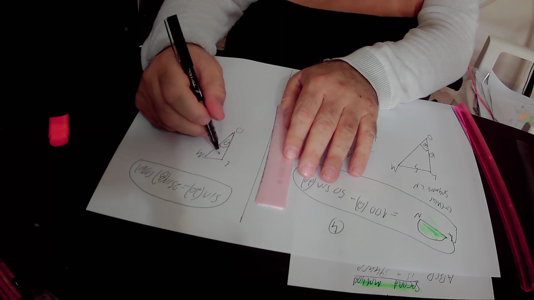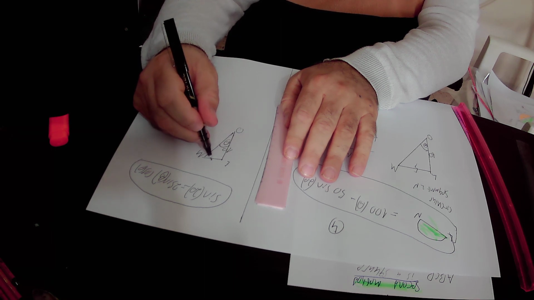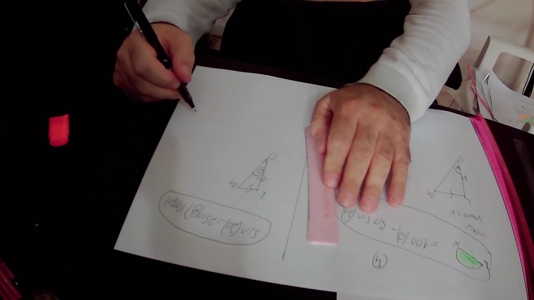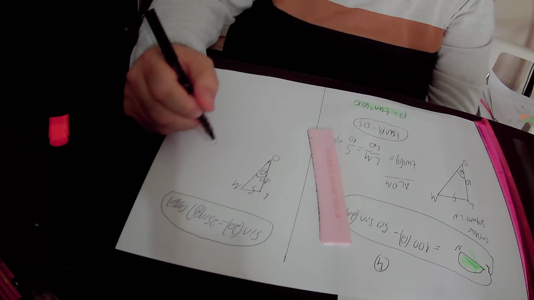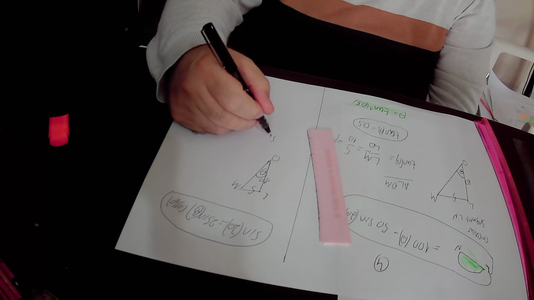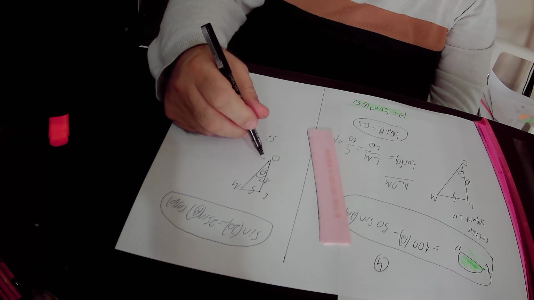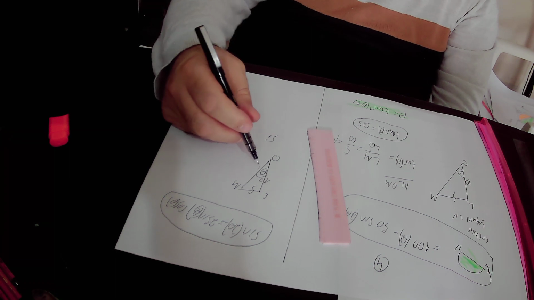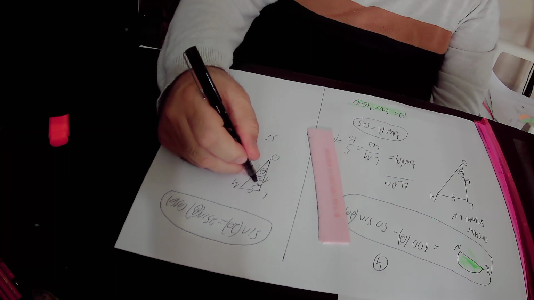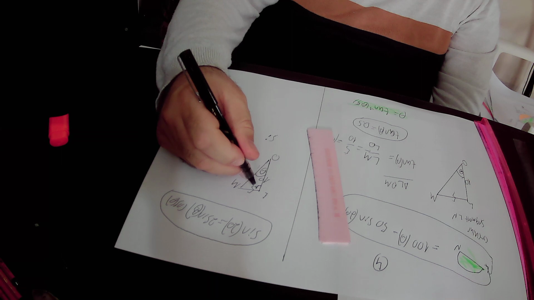This is angle theta. So here actually sinus theta. So first of all we find out the value of the hypotenuse OM in the right triangle LOM.